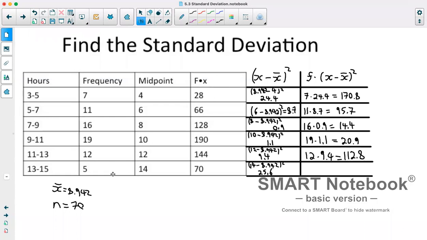Next one, we have frequency of 5 times our 25.6. And that gives us 128.